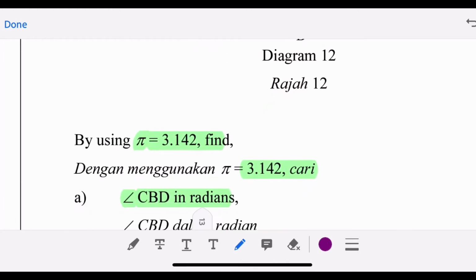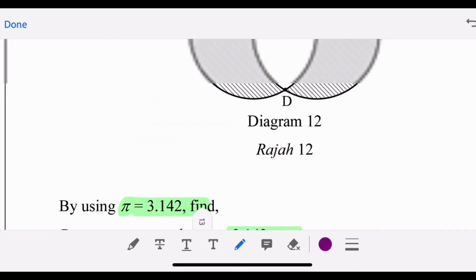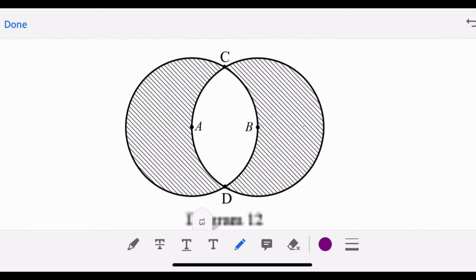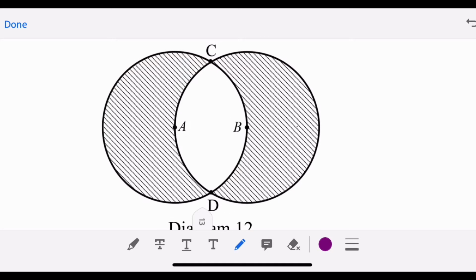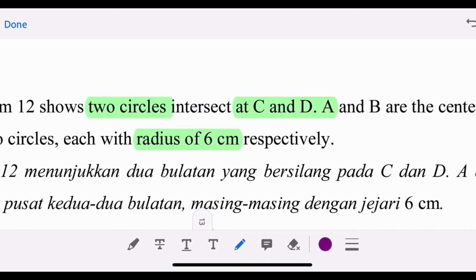So when all the radius are having the same length, it seems like you can figure out the angle by just using the radius. So let's draw the line connecting the A to B, okay?